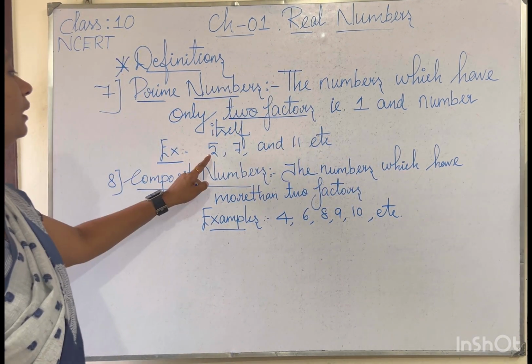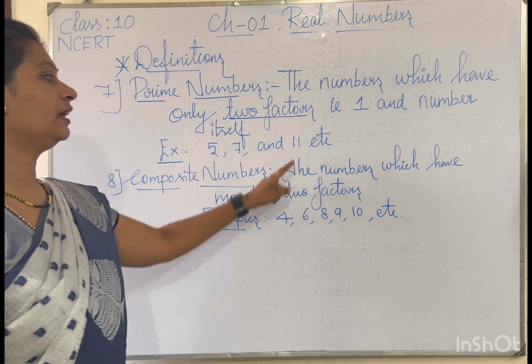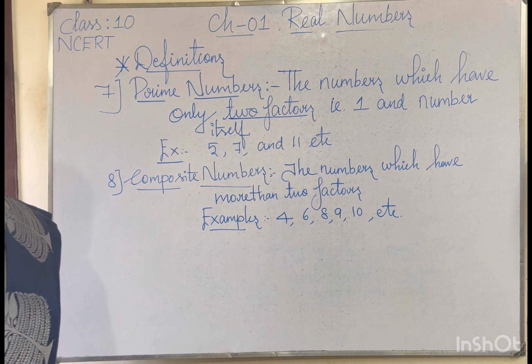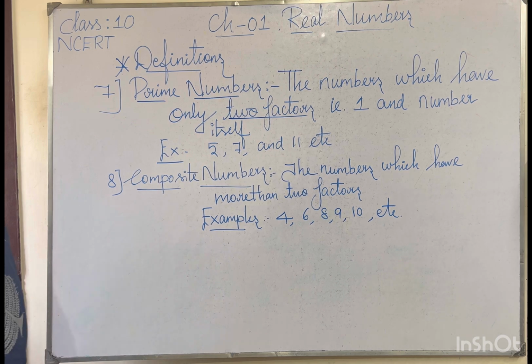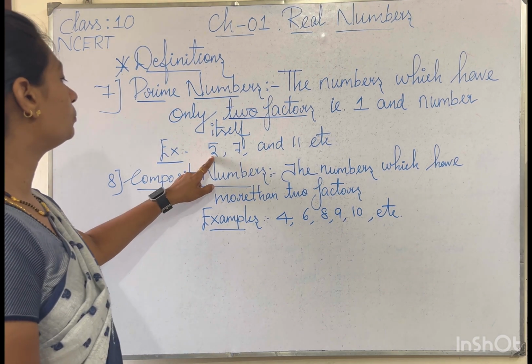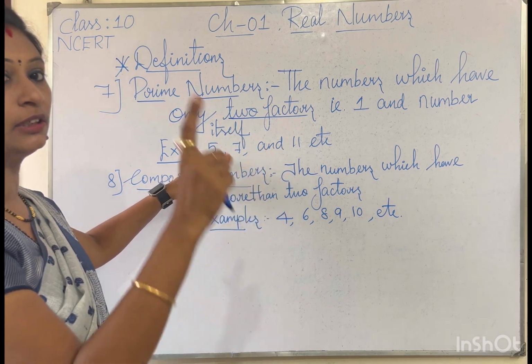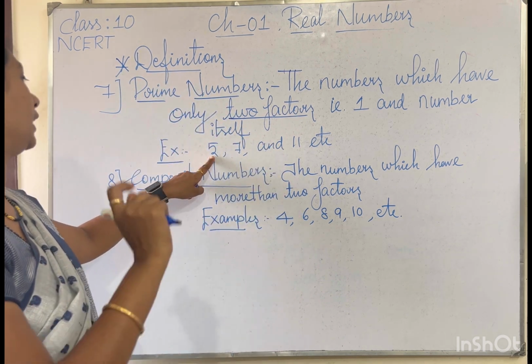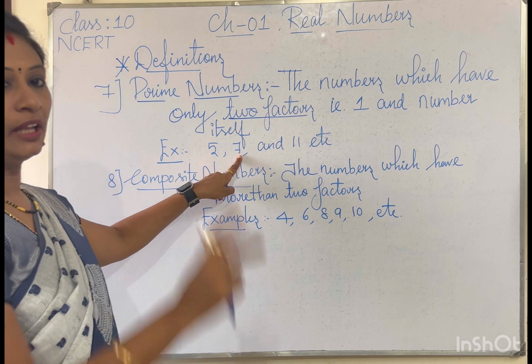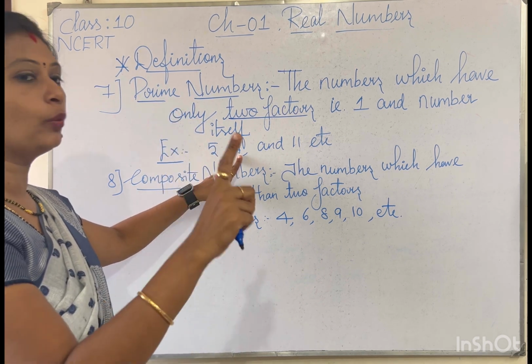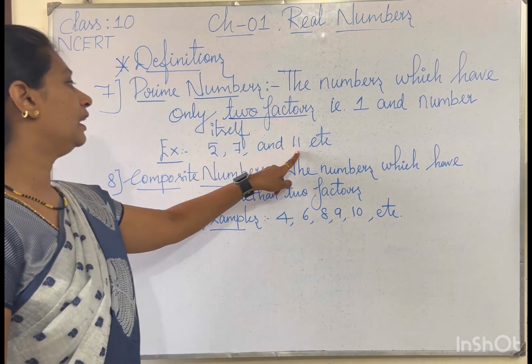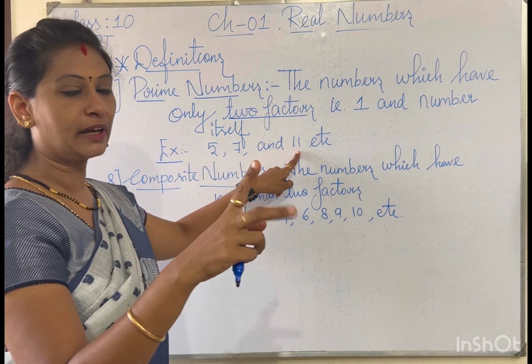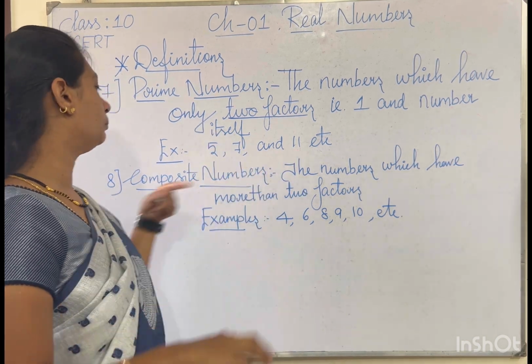For example, 5, 7, 11, 13, 17, 19, etc. are called prime numbers. Why? Because the number 5 has only two factors, 1 and 5 itself. Is 7, they have only two factors, 1 and the number itself. 11, they have only two factors, 1 and the number itself.